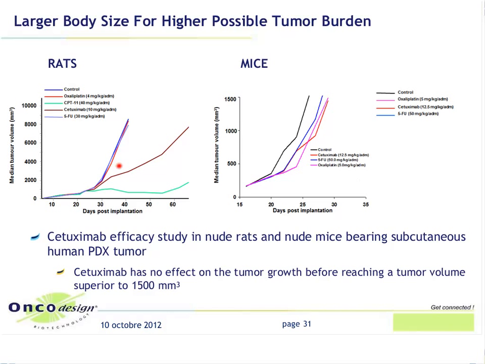In contrast, for rats, because of their large body size, a higher tumor burden is allowed. In this particular example, the effect of Erbitux was observed on a tumor with a volume superior to 1,500 to 2,000 cubic millimeters.